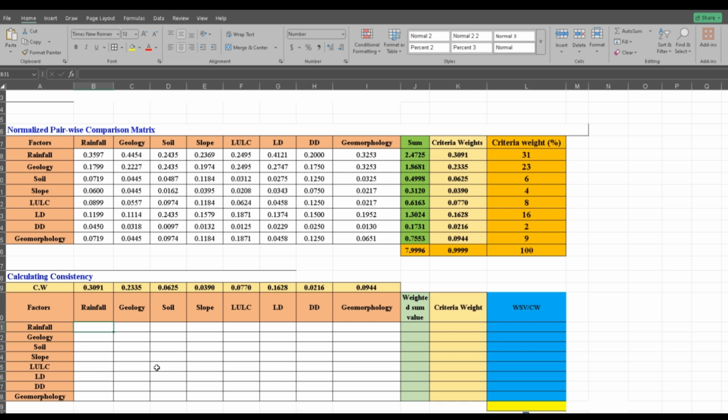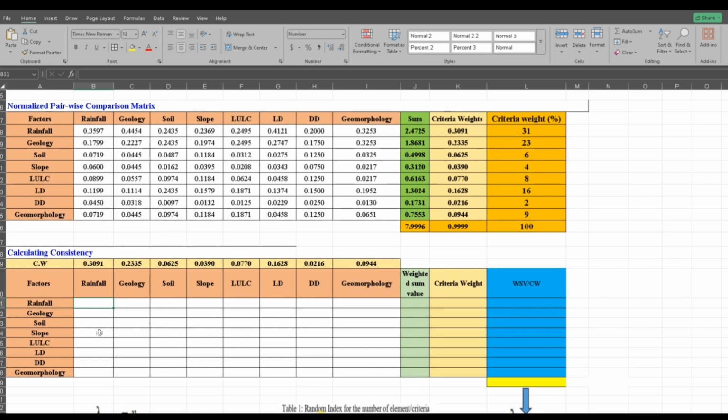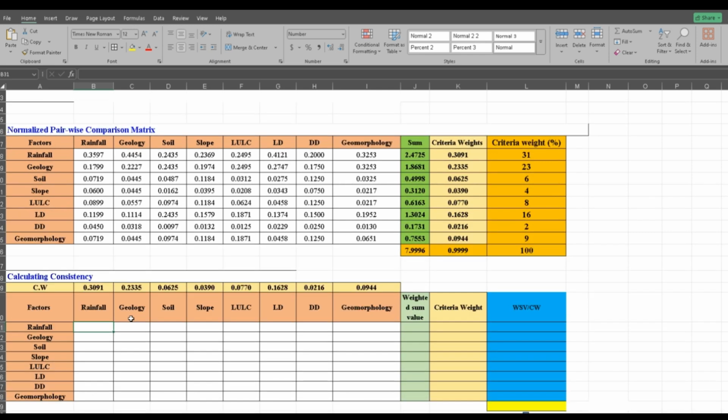After calculating the criteria weights for each criteria under the normalized pairwise comparison matrix, the final step is checking for consistency by calculating the consistency ratio. Now, in order to calculate the consistency ratio, we have to calculate and fill this table.